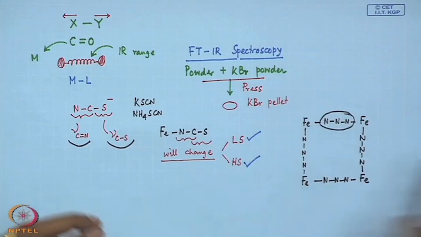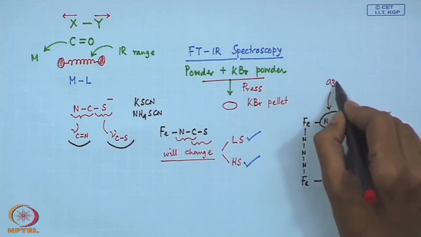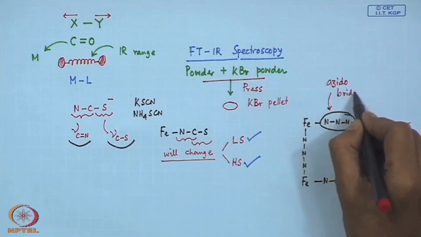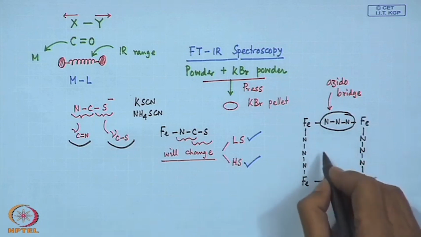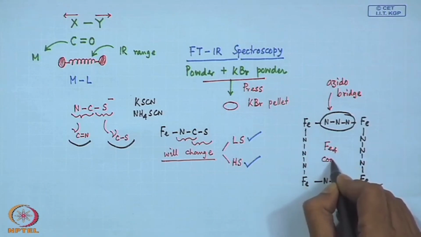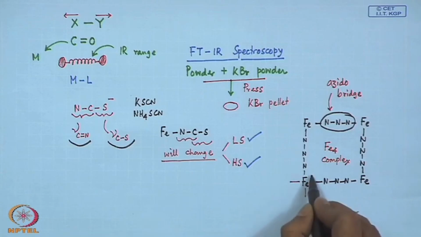So, this N3 unit is known as the azido bridge. So, when we have this particular connectivity for an Fe4 complex, we can have other free positions.